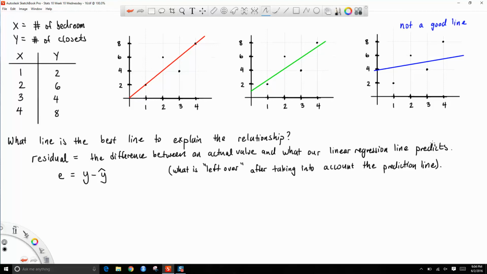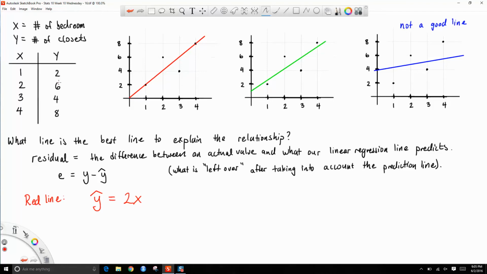Okay, all right, so for the red line, the prediction line, we're going to say y hat to indicate that, according to the red line, the prediction for y is equal to 2x. Whatever x is, the number of bedrooms, we predict the number of closets will be 2 times that.